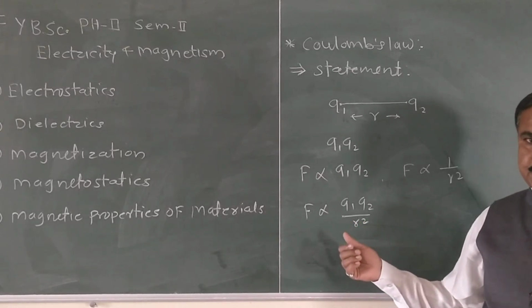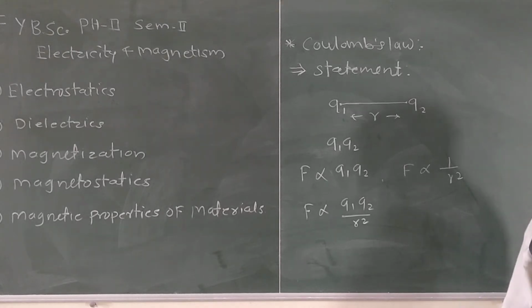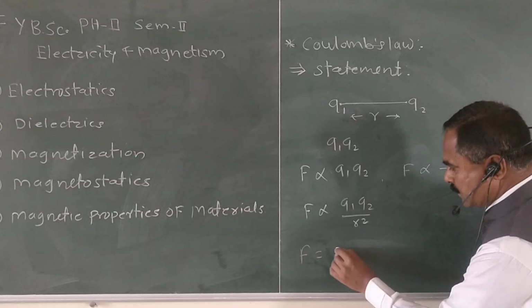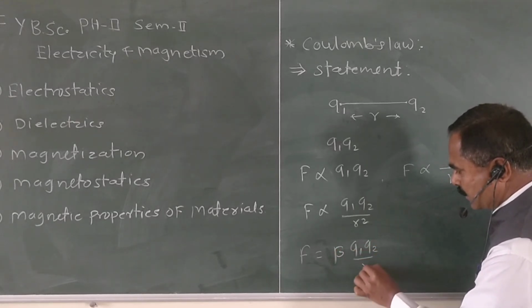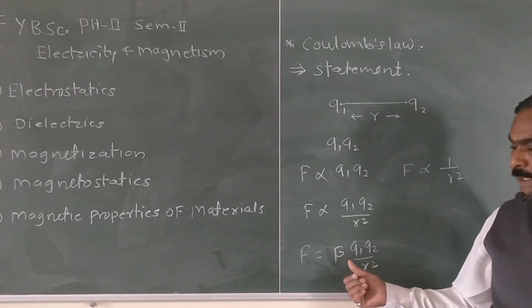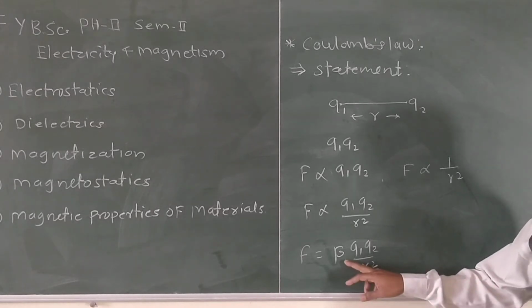Now here we introduce the constant of proportionality by the letter beta. So I write here F equal to beta Q1 Q2 upon r square, where this beta is the constant of proportionality, also called the Coulomb's constant. Right?